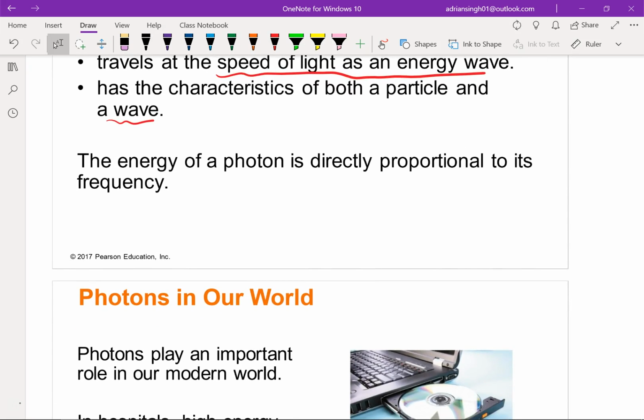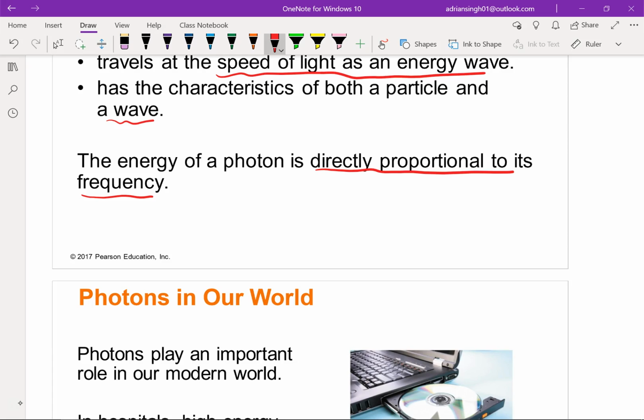Now, one thing to keep in mind is that the energy of a photon of light or any other electromagnetic radiation is directly proportional to its frequency. And we actually saw that in the diagram from the previous section, right? And we alluded to it when we explained frequency and wavelength.